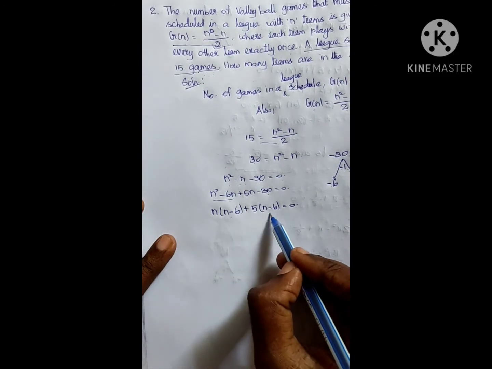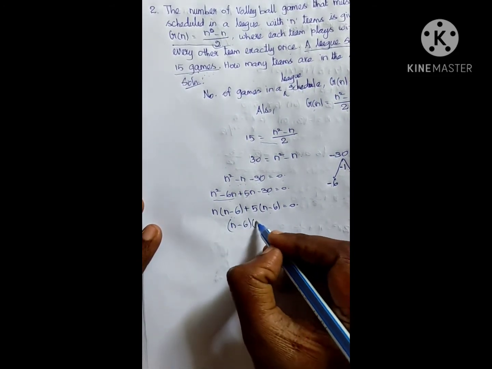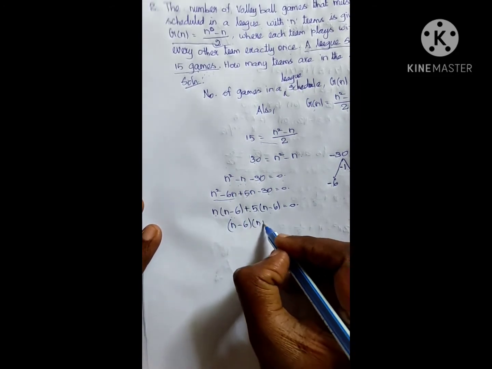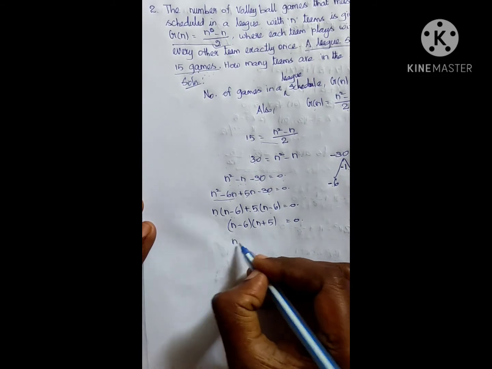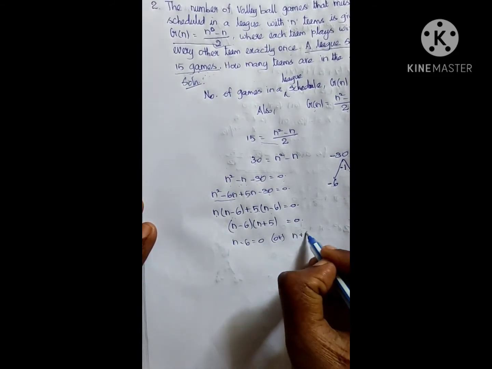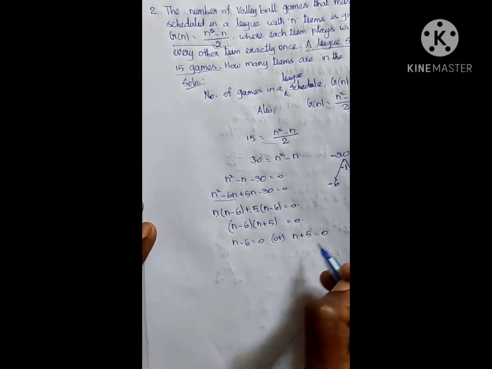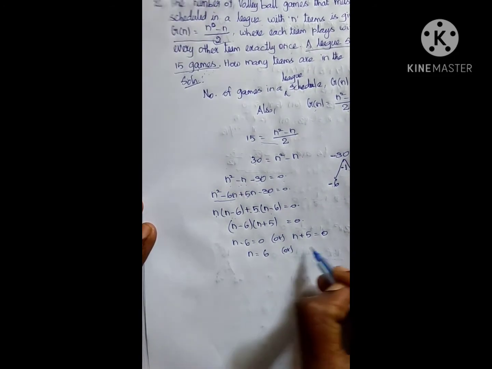Now, take n minus 6 outside. So, n minus 6 into n plus 5 equal to 0. This is n minus 6 equal to 0 or n plus 5 equal to 0. That is n equal to 6 or n equal to minus 5.